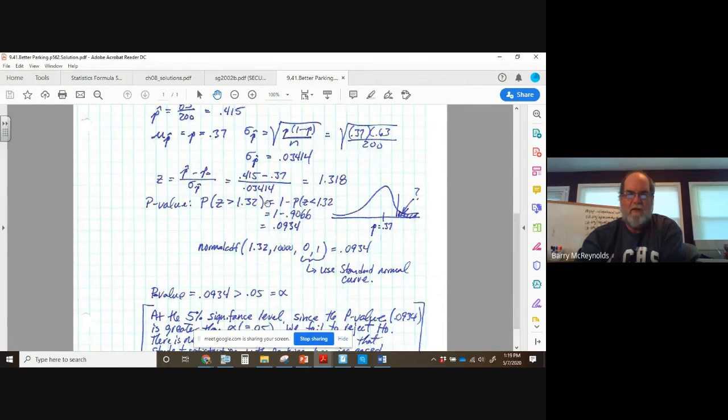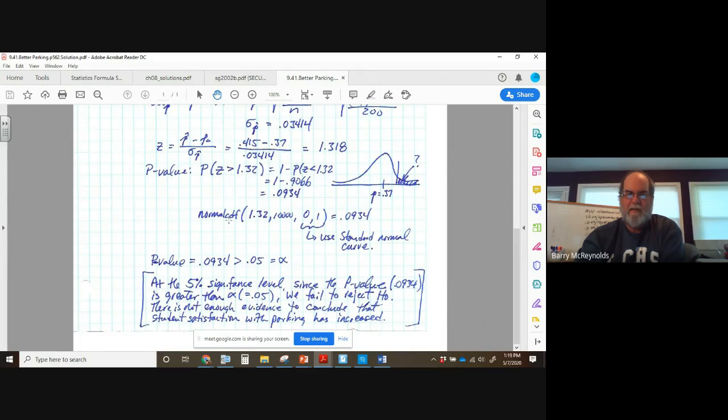And so when you calculate the p-value, then you can either do that using table A, like I did here, or you can use the normal CDF function. Now, another thing I need to point out, when we get to this point, the p-value is always taken from the standard normal curve. And so in this normal CDF, you want to make sure that you identify the mean as 0 and the standard deviation as 1. That comes from the standard normal curve.